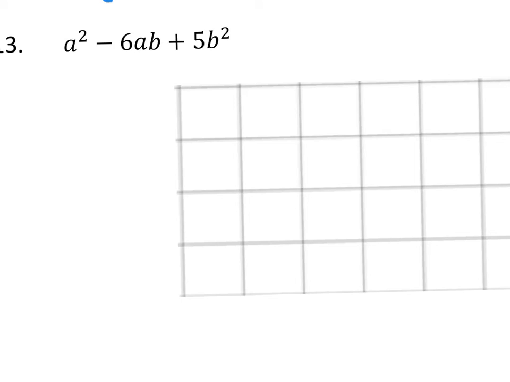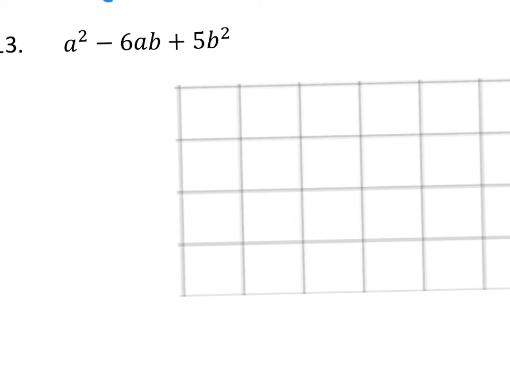And since we need positive b here, but we need negative here, then that 5 has got to be negative to make a times negative 5b be negative 5ab. And by the same token, this b has to be negative, because negative b times a gives negative ab.